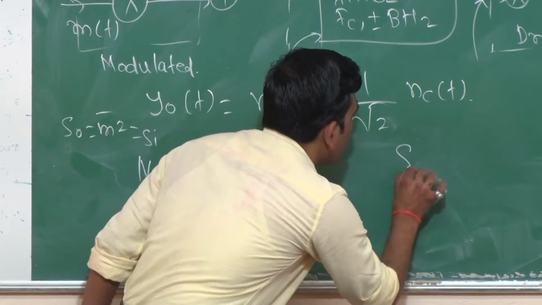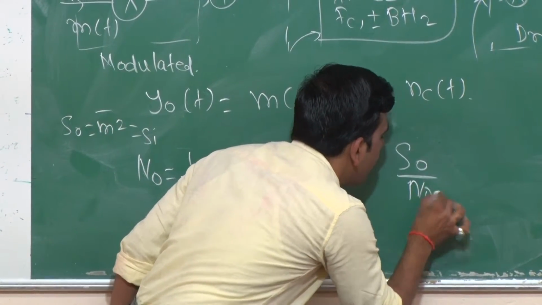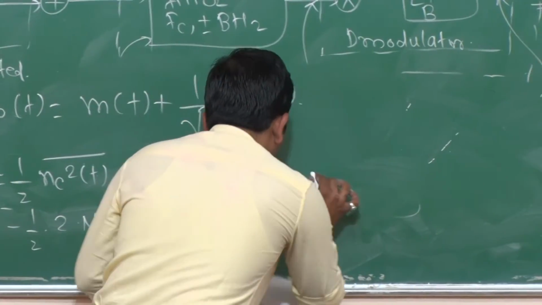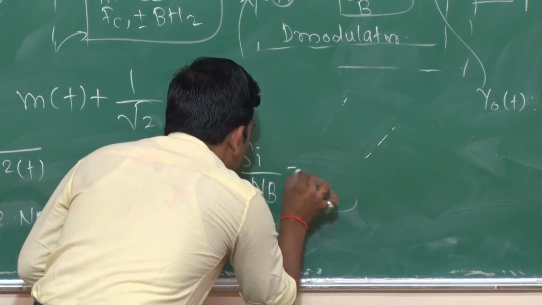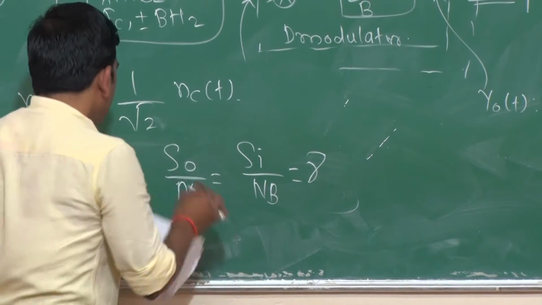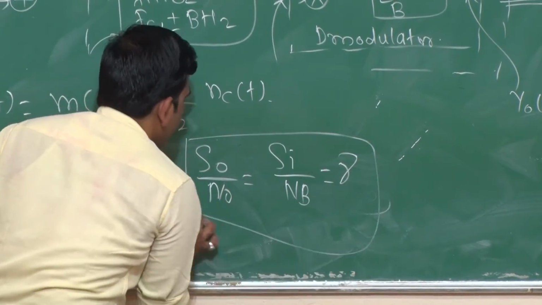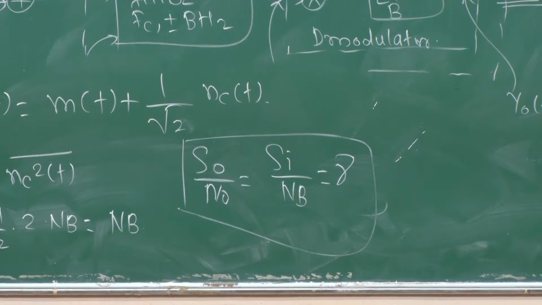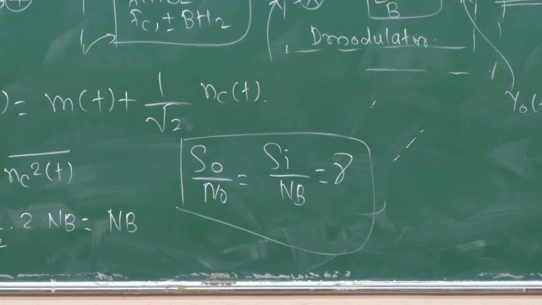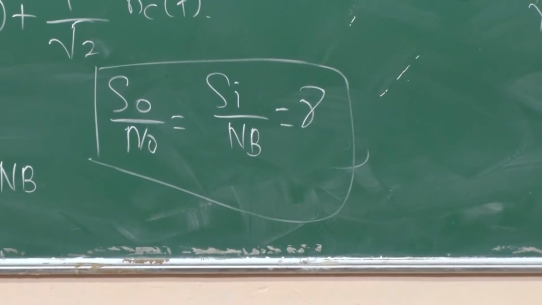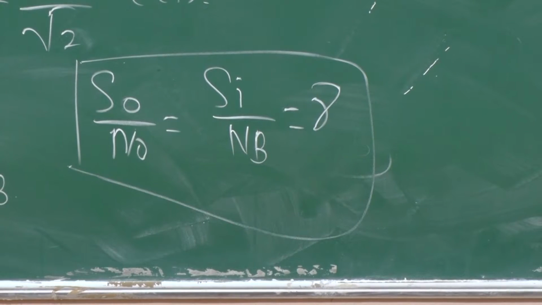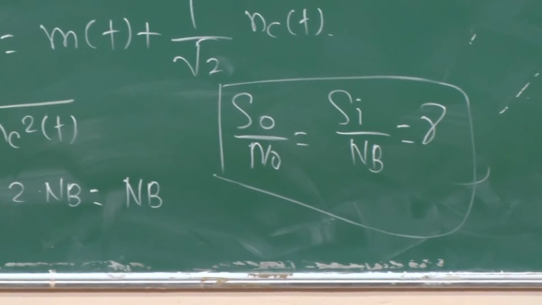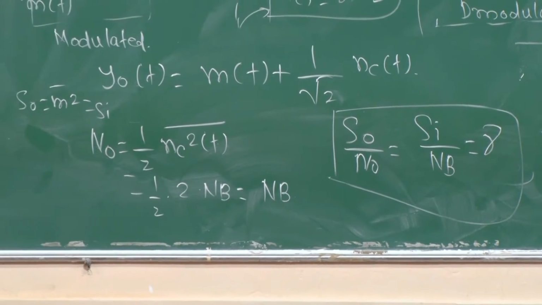So the output signal to noise ratio is equal to Si divided by NB, that is equal to gamma. So this is the relation for double sideband suppressed carrier.